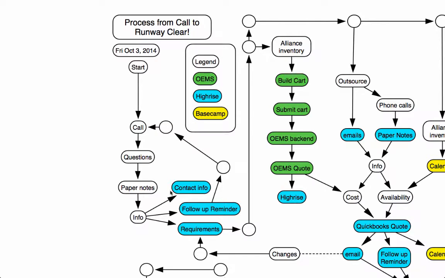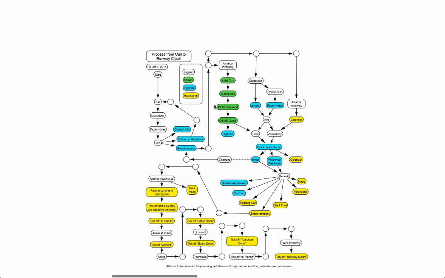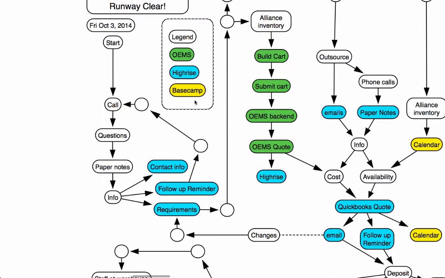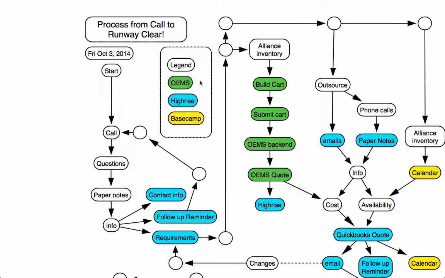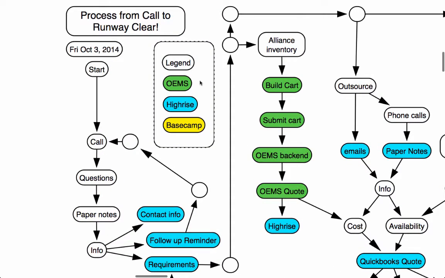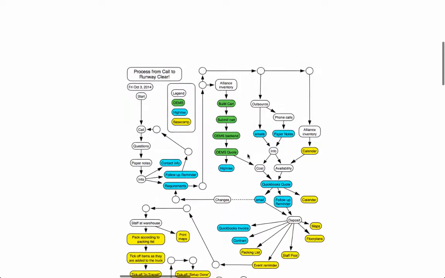Now, just before I keep going further, there's three colors in this old map here. There's green, there's blue, and there's yellow. This is color coded so that you know which software we're going to use to deal with this part of the process. So the green is for the OEMS, that's this part here. Blue is Highrise. Highrise is a CRM.